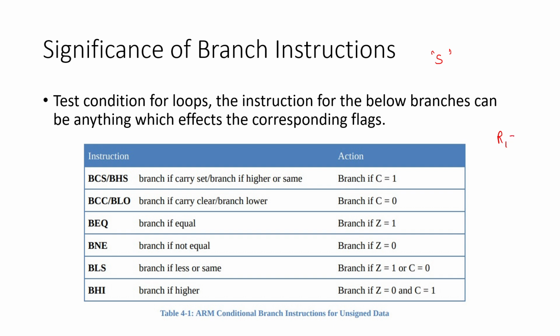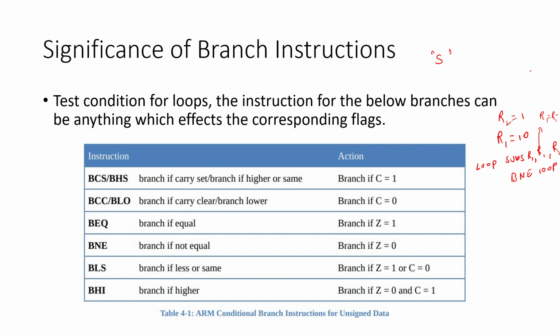Say R1 is equal to 10, and you have a loop here, and you write SUBS R1 comma R1 comma R2, where R2 is equal to 1. So this will result in R1 equals R1 minus R2. Then I'll write BNE loop.